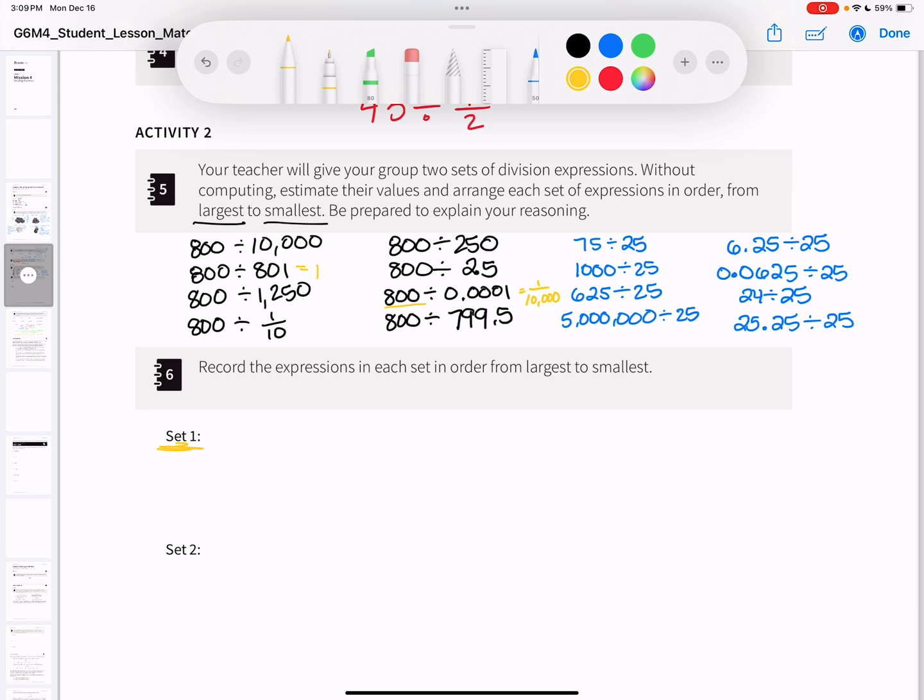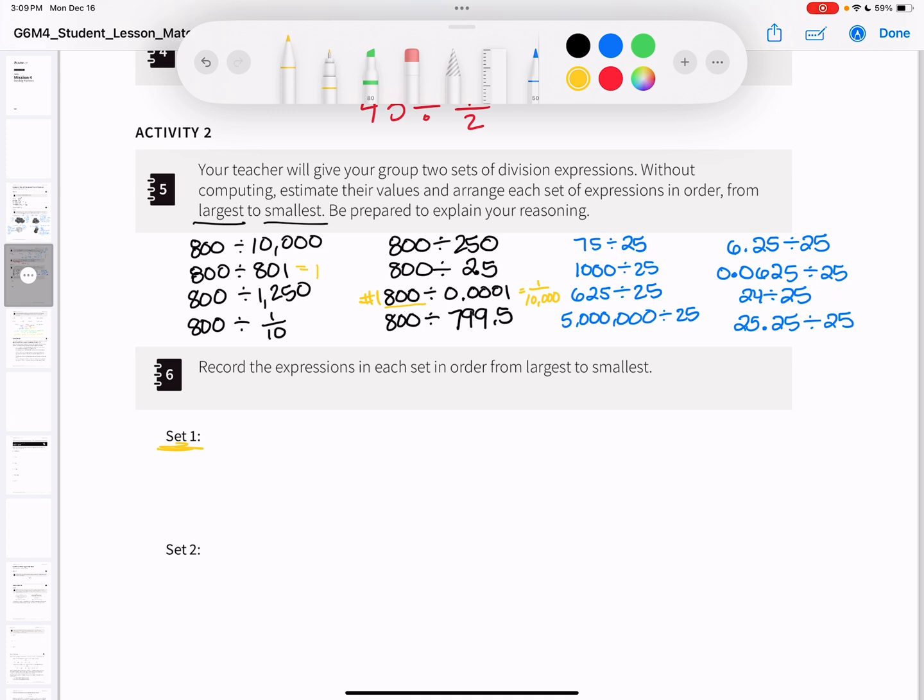So if I'm doing largest to smallest, this divisor is the smallest, so that's going to get me the largest number. So this is going to be number 1, okay?